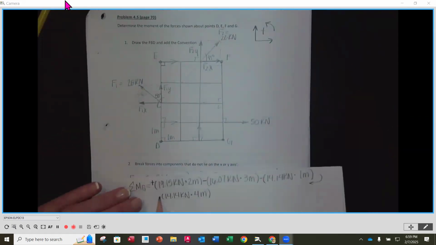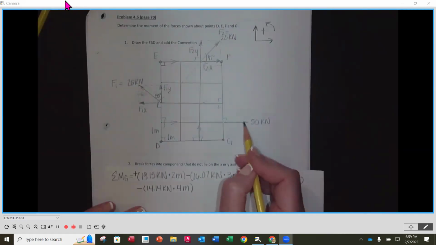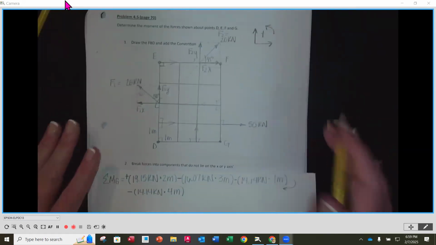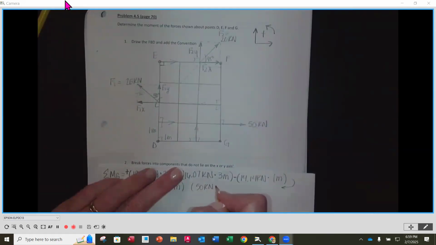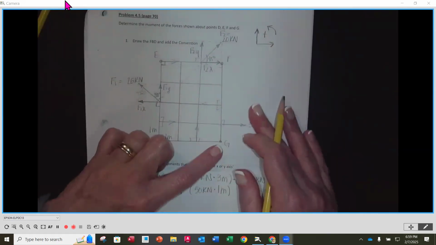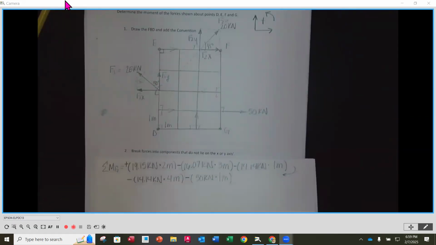So negative out front. And then the last force that we have is going to be the 50 kilonewtons. So finger on G, pull in the direction of 50. It rotates, so 50 kilonewtons times, we can see that it's 1 meter away. And then it is going to rotate clockwise as well, so negative out front.